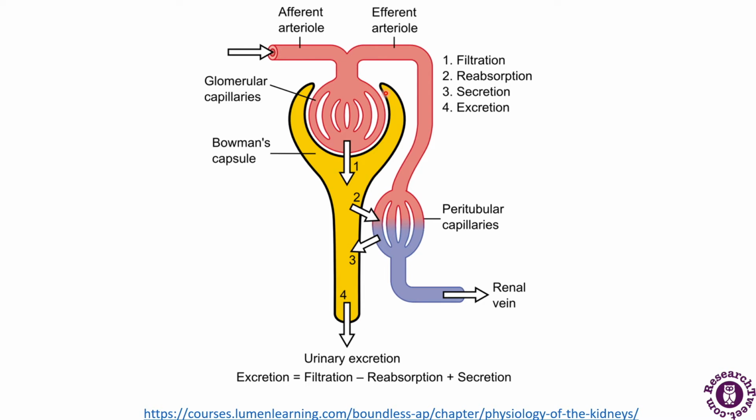Now what we will be studying is how this mechanism takes place. I have described the three mechanisms here: passive diffusion, active transport and co-transport. Now what is this figure talking about?